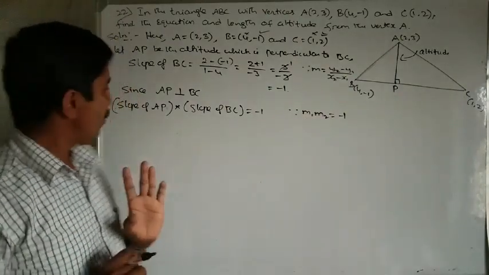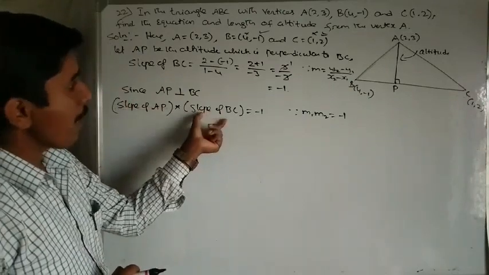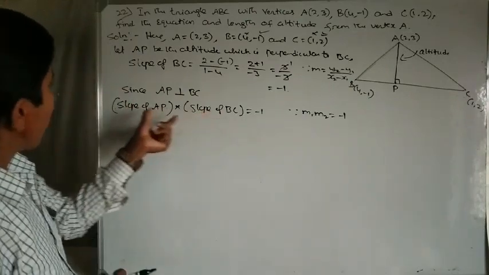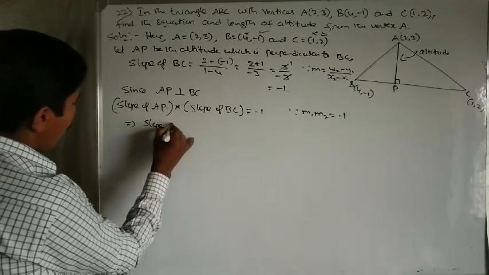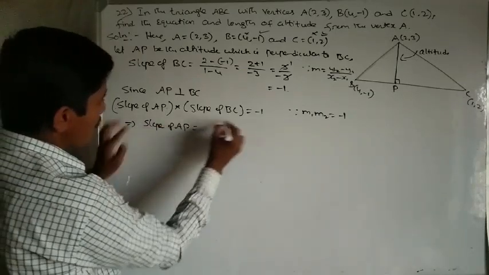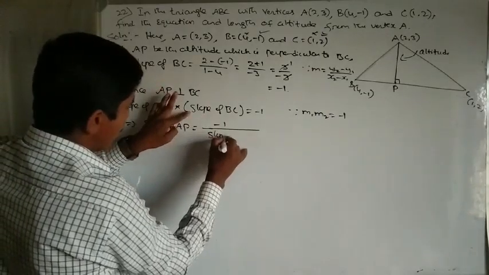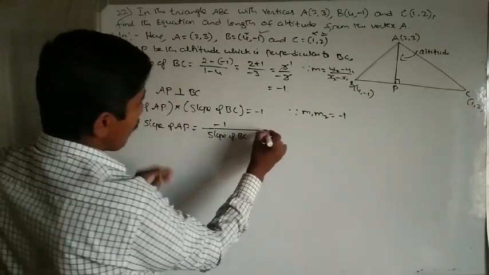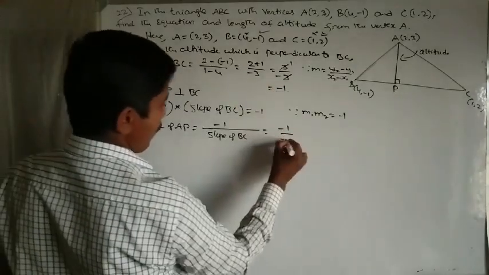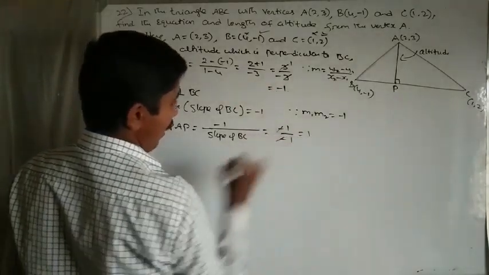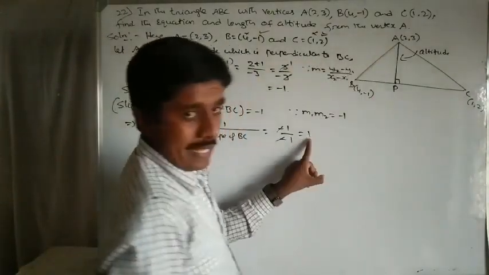M1 times M2 is equal to -1, where M1 is the slope of AP and M2 is the slope of BC. Therefore slope of AP is equal to -1 divided by the slope of BC, which is -1 divided by -1. The minus signs cancel, giving 1. Got it. The slope of the AP line is 1.